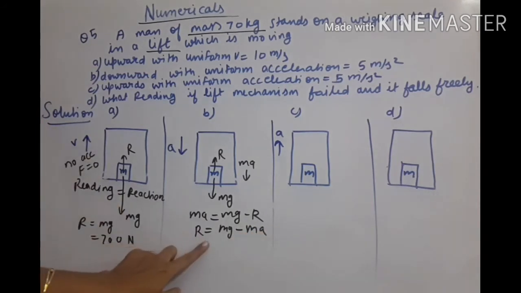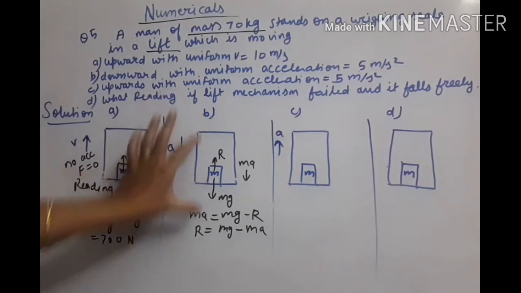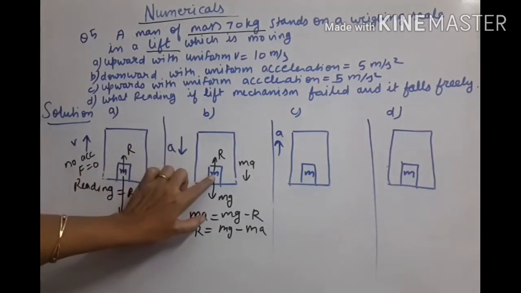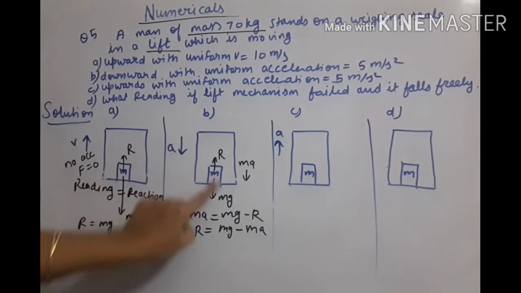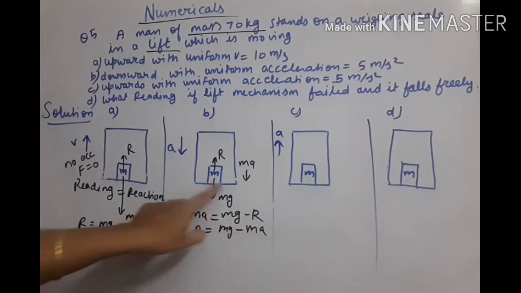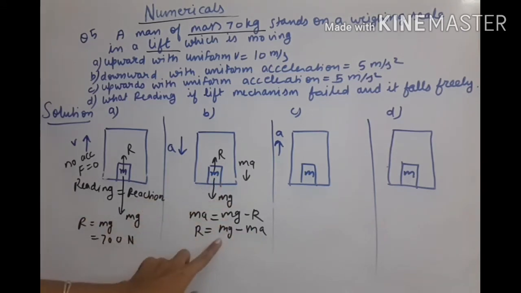So you can see why we feel lighter in a downward moving lift. When the lift is moving downward with any acceleration, the person feels lighter in weight, because the reaction which he is getting from the floor of the lift is what we feel. That is mg minus ma. The actual weight of the person is mg, but he is feeling only mg minus ma weight.